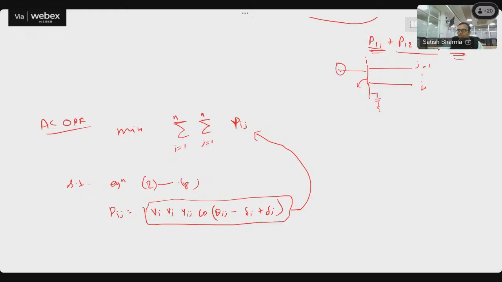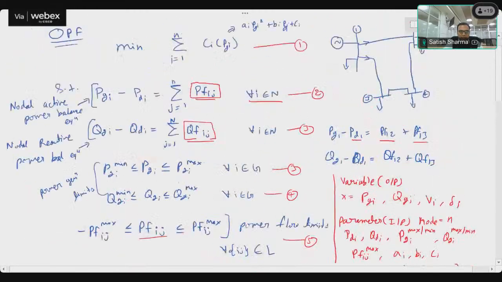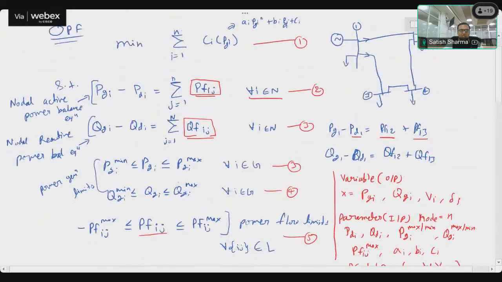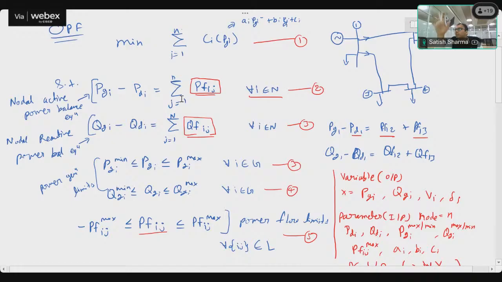So we have learned how to model a particular optimization problem. What we should always see is, as I have explained to you, whether the problem is complete. Otherwise it will not give you the optimal solution.